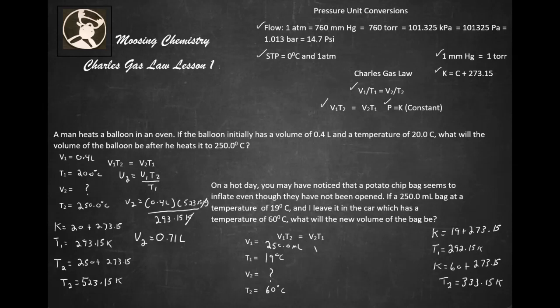All right, so we isolate for V2. V2 equals V1 T2 over T1.